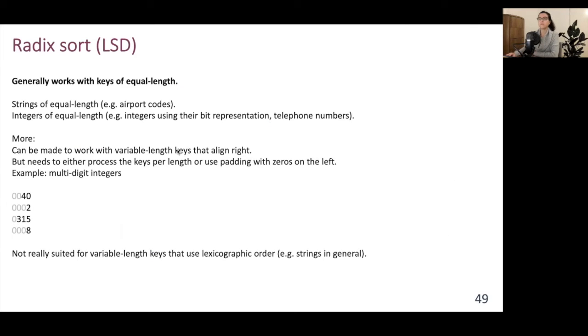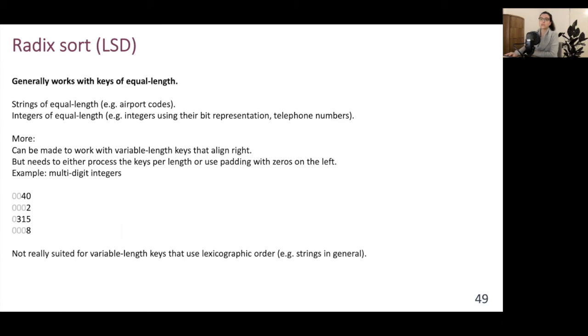One thing to keep in mind about LSD radix sort is that it generally works with keys of equal length. So it works for sorting strings of equal length, as we just saw here, integers of equal length as well, for instance using their bit representation, or telephone numbers.